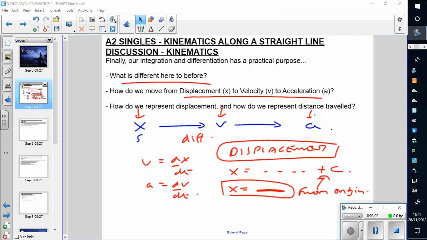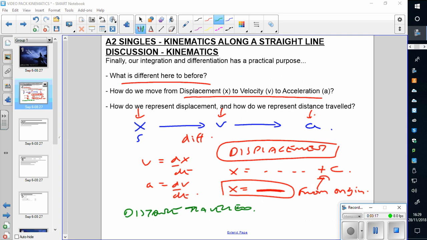Whereas if we want distance traveled, this is very different, isn't it? Anything to do with distance traveled, we need to draw the graph, because if you have a velocity curve and you integrate it, the area of each section is each bit of distance traveled, isn't it?